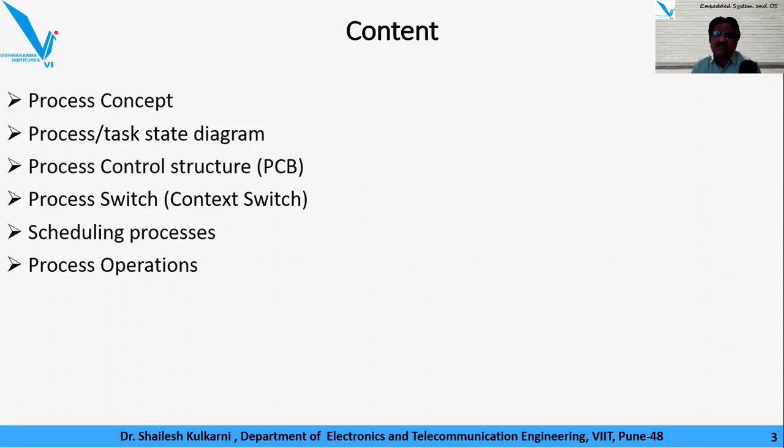That data structure is called the process control block, PCB, or task control block, TCB. What exactly is meant by a process switch? As a procedure, how does the process switch take place? And what are the different scheduling policies and process operations that one would need to understand?